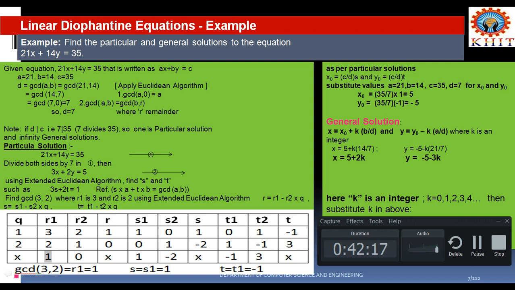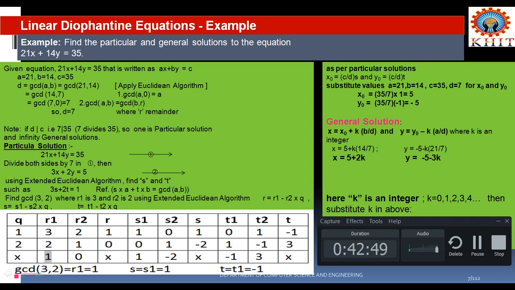Then check whether we have the solution or not by dividing c by 7. That means c is 35, d is 7. So 7 divides 35. That's why we have the solutions. First to find out the particular solution, divide both sides of the equation using the d value. After dividing 21x plus 14y is equal to 35, we get 3x plus 2y is equal to 5.